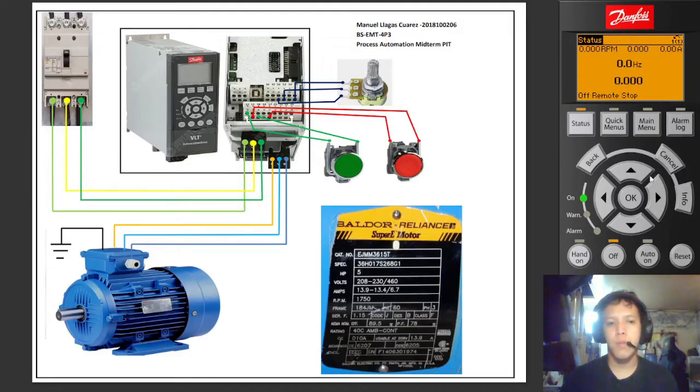And we're going to go to quick menu. I pressed the main menu by mistake, so from the main menu we go to quick setup, and under quick setup we can see the language setting.